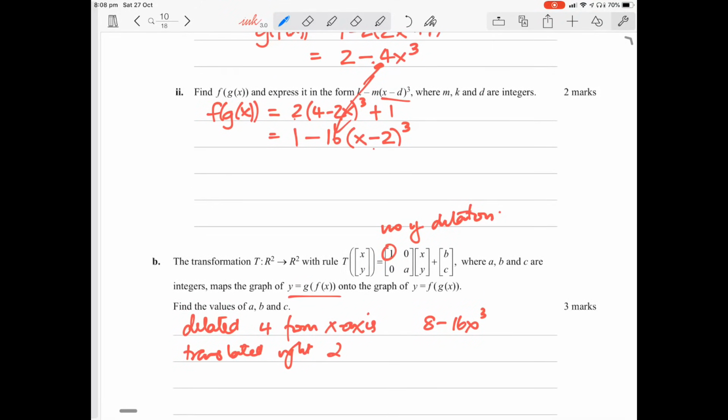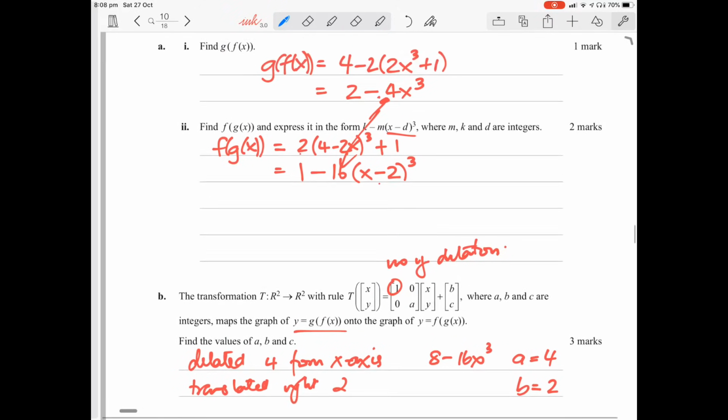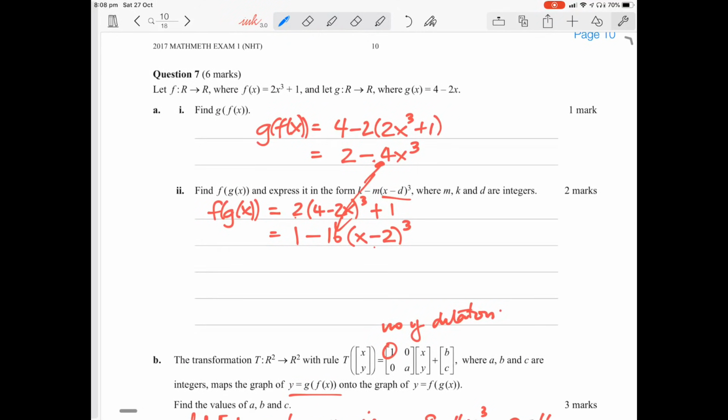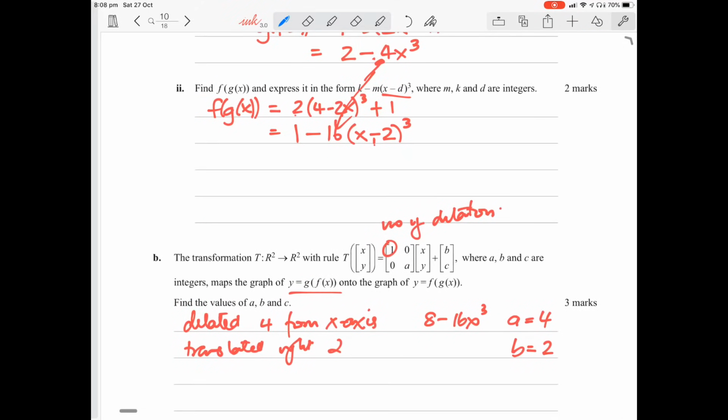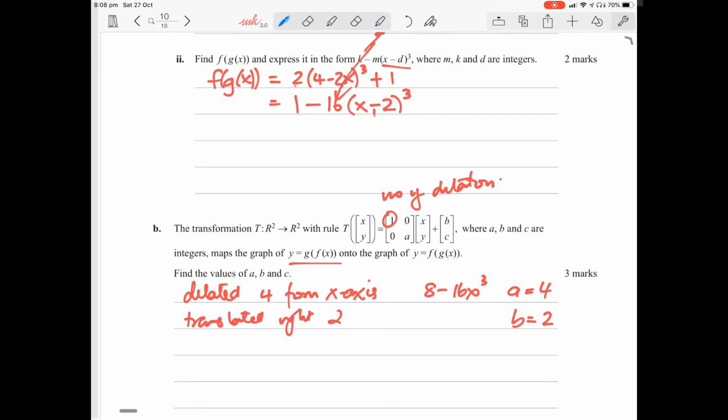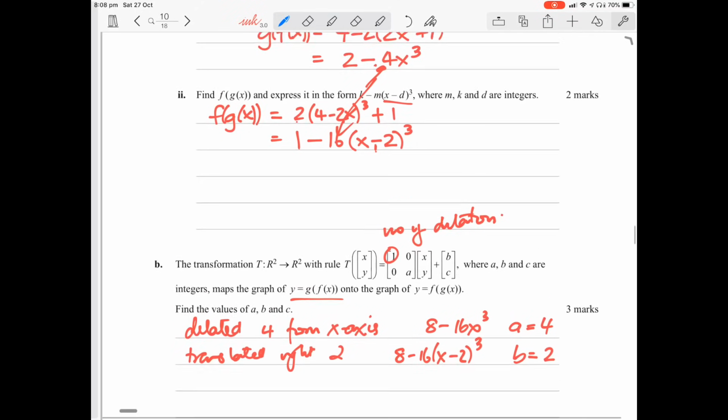So B would be 2 to the right. That means A is 4, B is 2, because we want to move it 2 to the right, because it is negative 2. So we replace x with x minus 2. So that would be 8 minus 16, x minus 2 cubed.